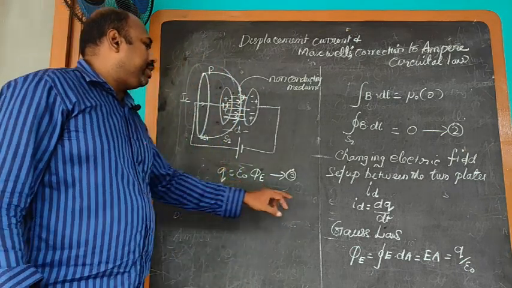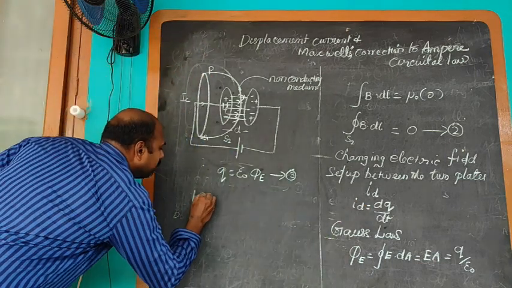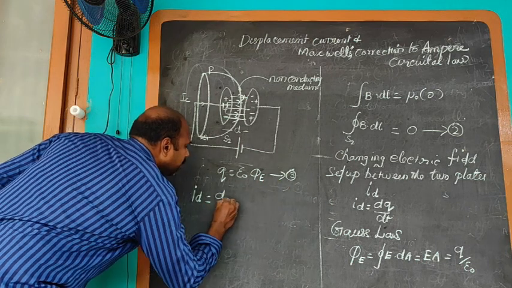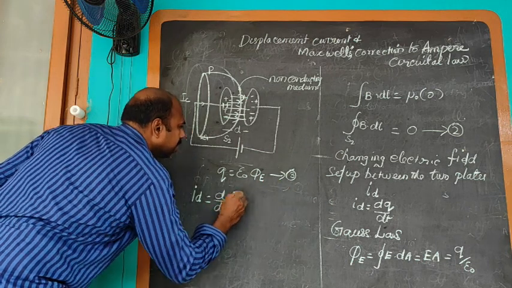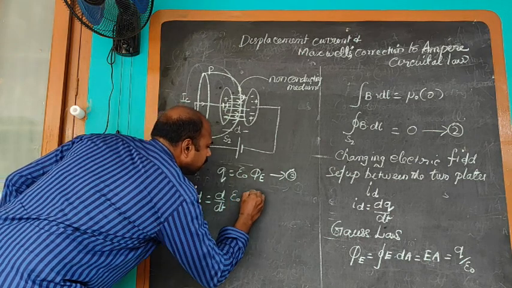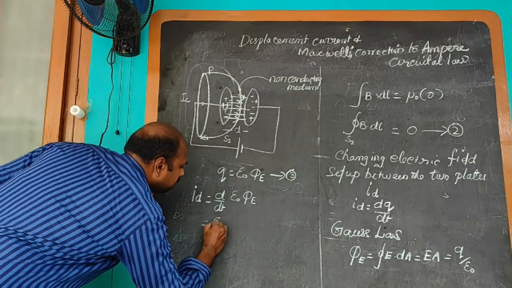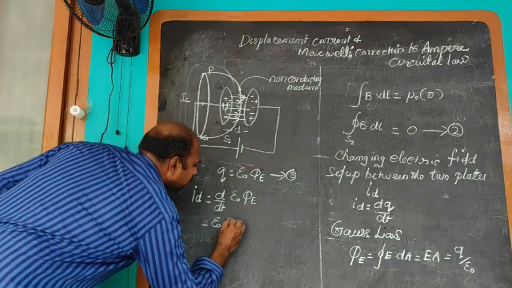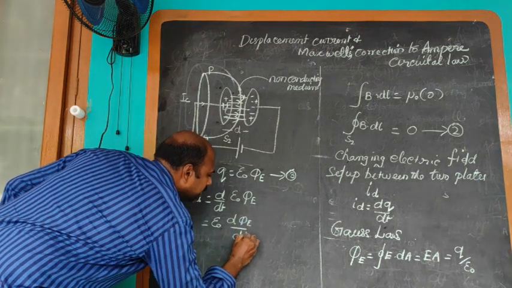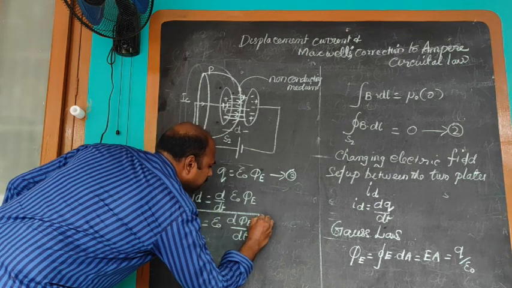Substitute the value of Q: the displacement current ID is equal to d by dt of Q, which is epsilon 0 phi E. Epsilon 0 is a constant, take it outside. So d phi E by dt.